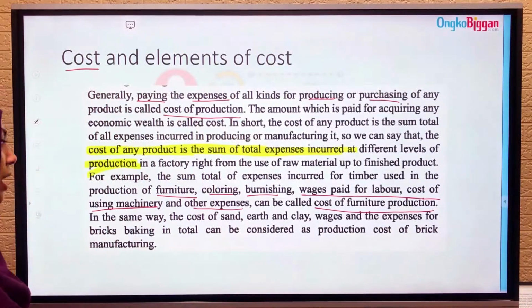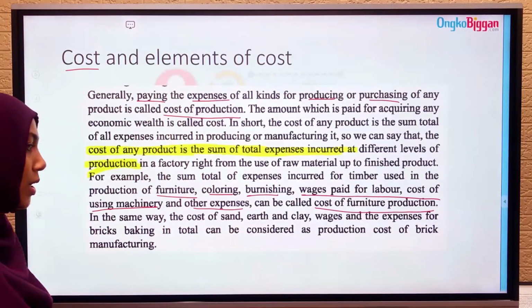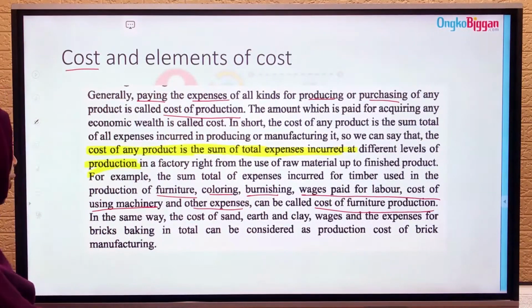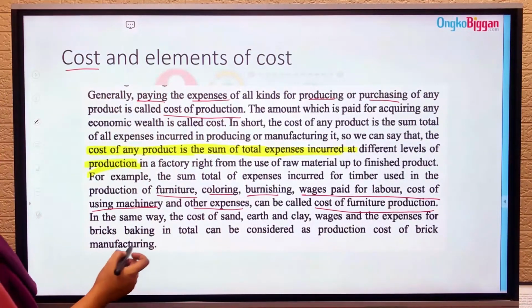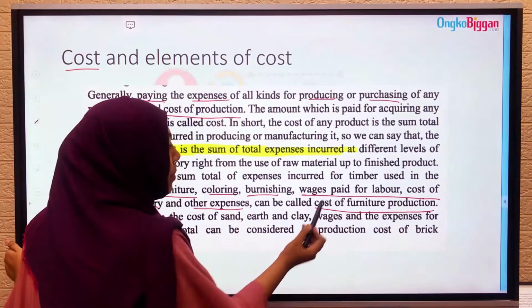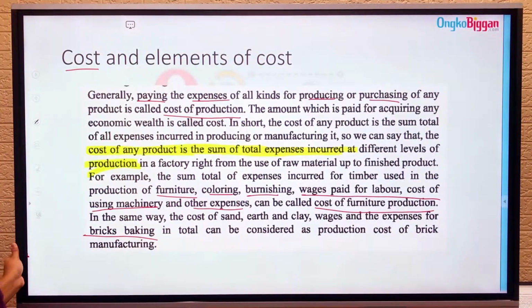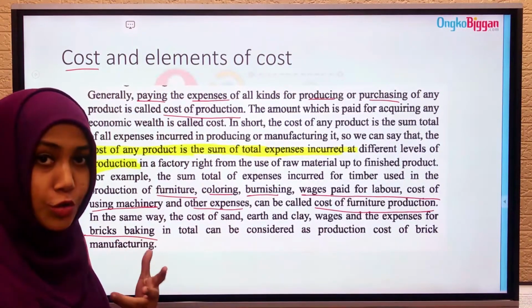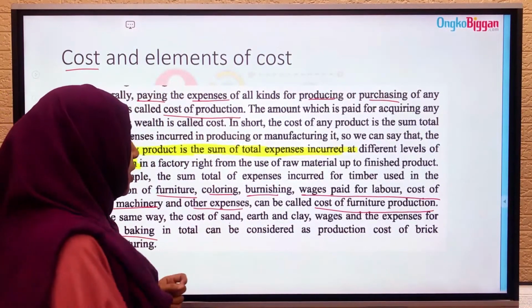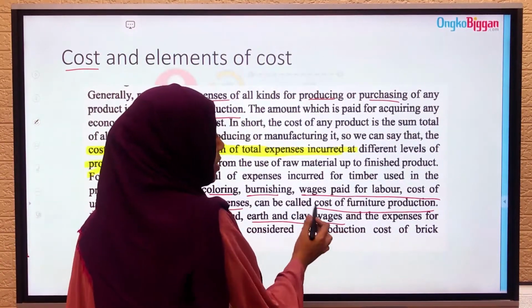In the same way, the cost of sand, earth and clay, wages and expenses for brick baking. Over here I was talking about my furniture business, but what if my business is a brick baking business? Then the expenses can be sand, earth and clay, wages.